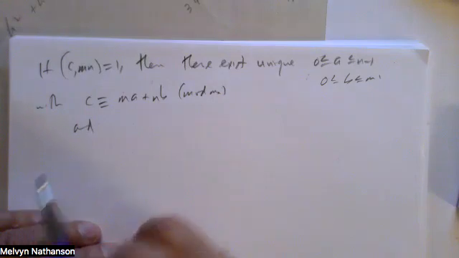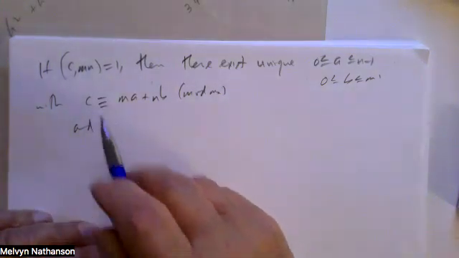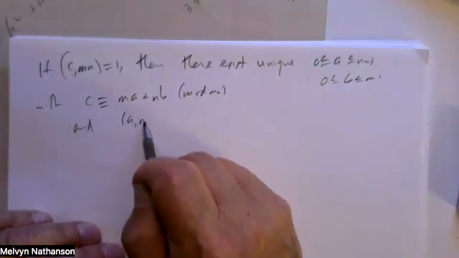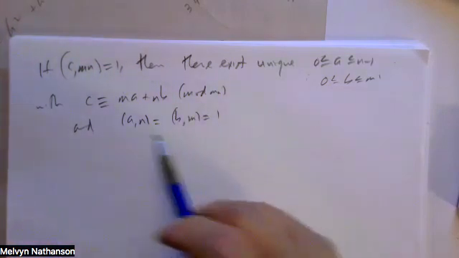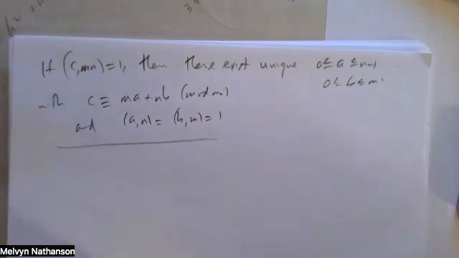And so this is the new part. If C is relatively prime to M and N, then A is relatively prime to N and B is relatively prime to M. Right? So I have to prove this additional statement.